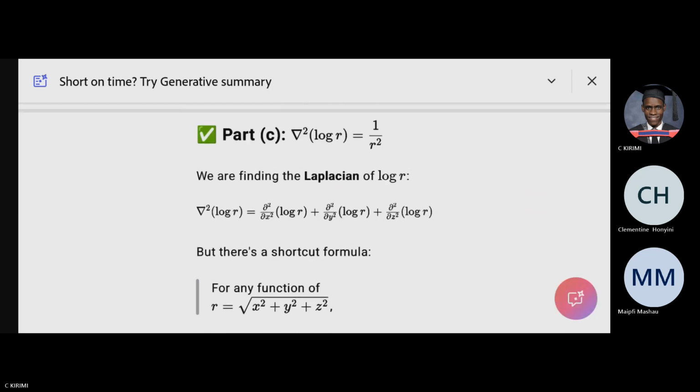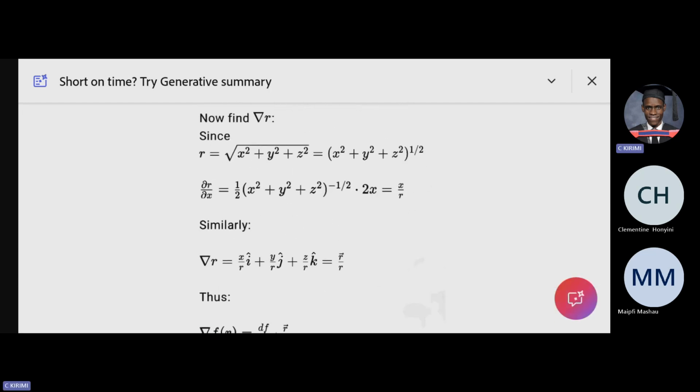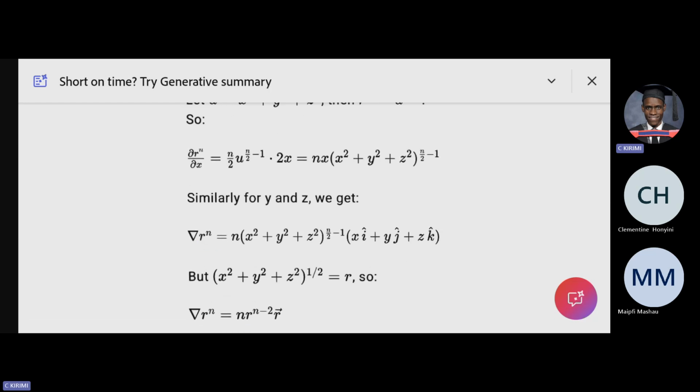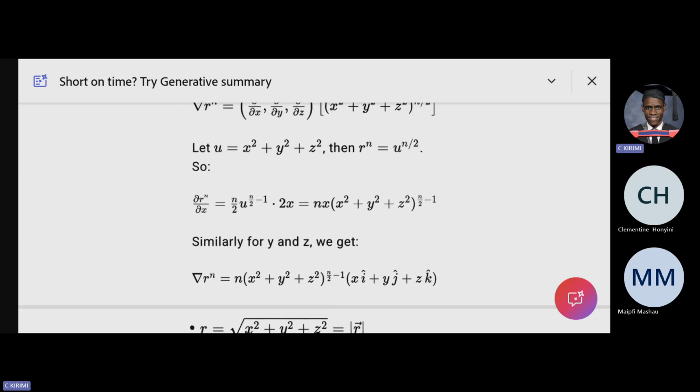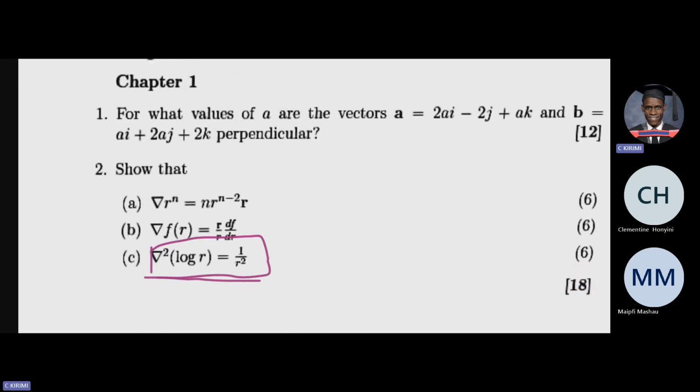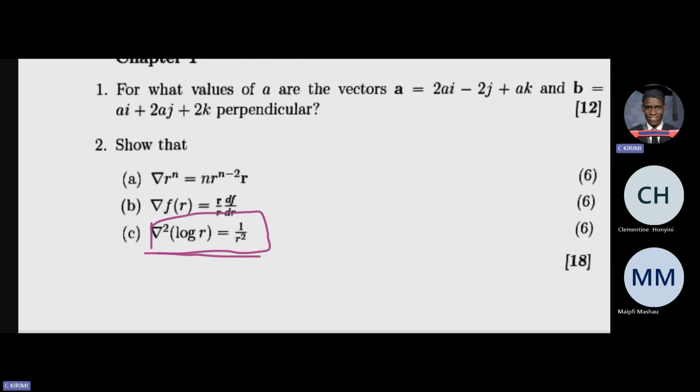Okay, so let's start. Where should we start? Remember, let's go to the question first before we start. Show that grad squared of log r is the same as 1 over r squared.